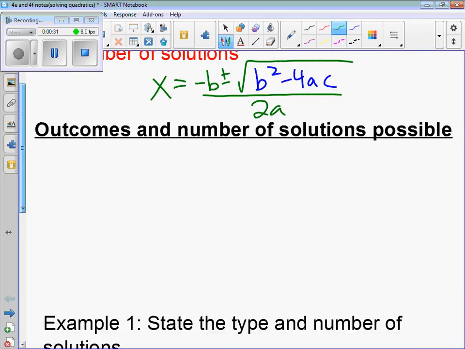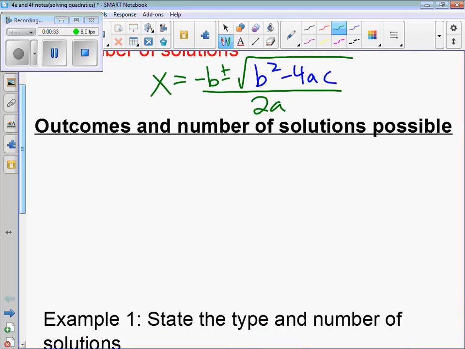So the outcome: if b squared minus 4 times a times c is a positive number, then your solutions are going to be 2 real solutions.